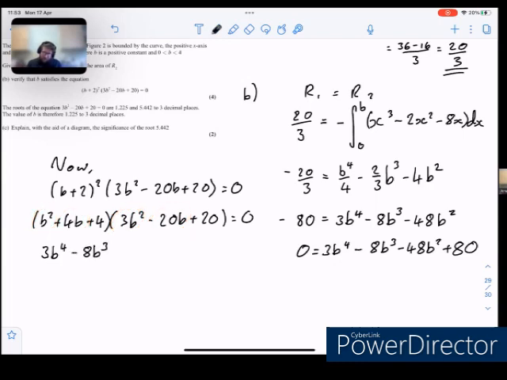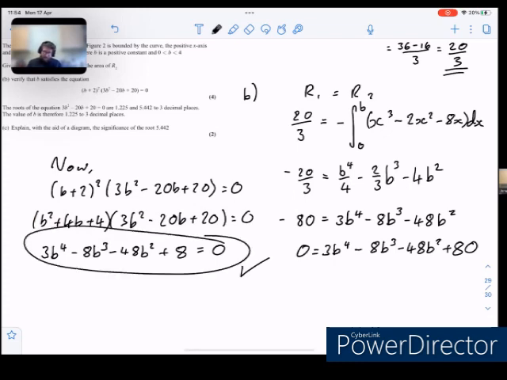The b squared terms, we've got 20 minus 80, so that's minus 60 plus 12, which is minus 48. And then we've got plus 80. So that verifies they are both the same.